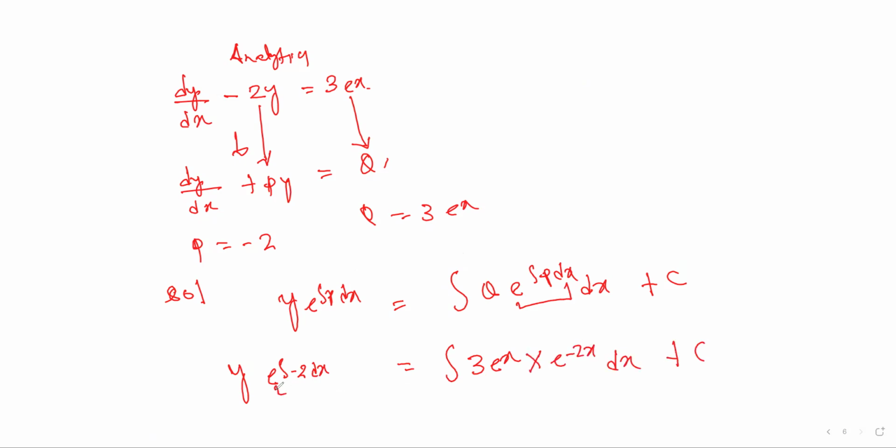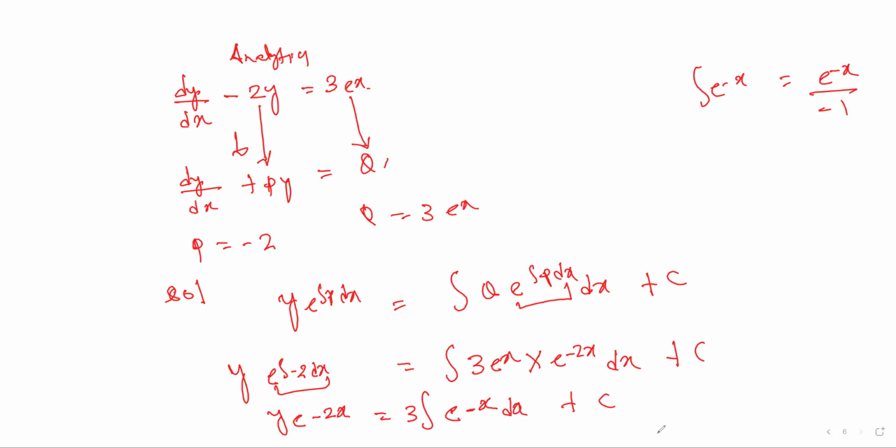The constant comes out of the integration, so this becomes 3 times the integral of e^(-x) dx plus c. The integration of e^(-x) is e^(-x) divided by minus 1, so this becomes minus 3e^(-x) plus c, equal to y e^(-2x). This is the value that you got.